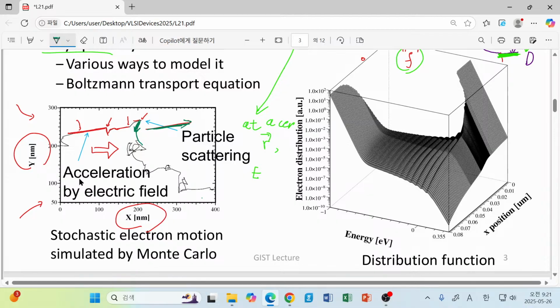Therefore, in this case, we follow the motion of an electron and randomly generate scattering events to see what happens to the electron. That was just one instance, and then electron number 2, electron number 3.